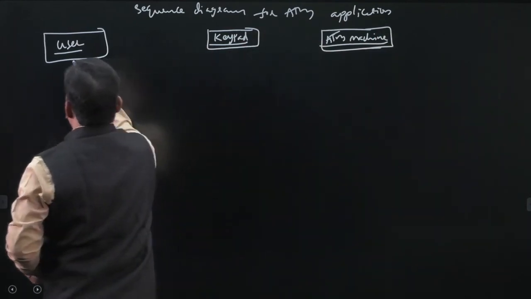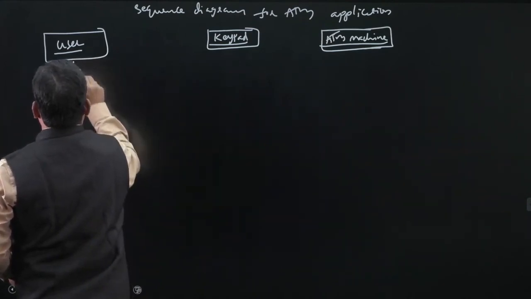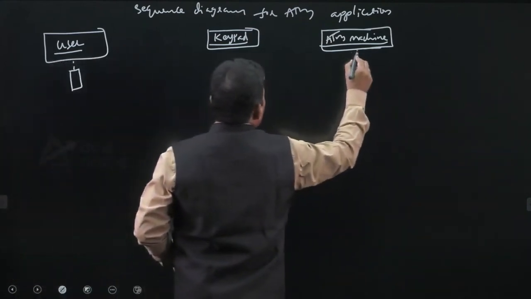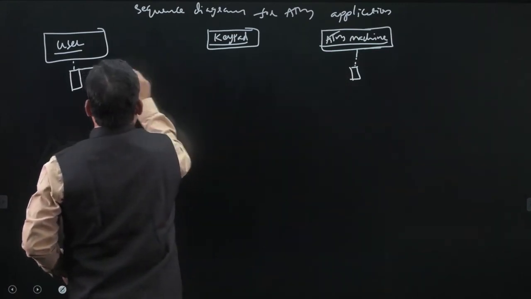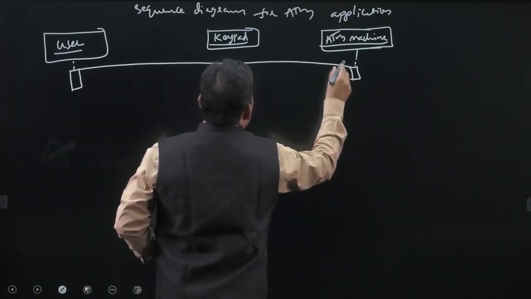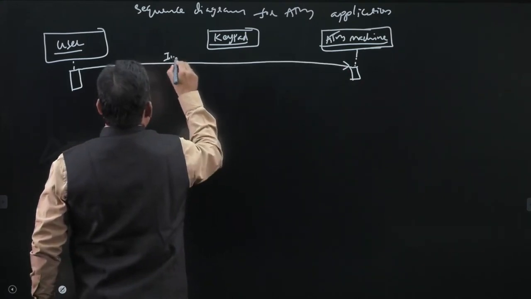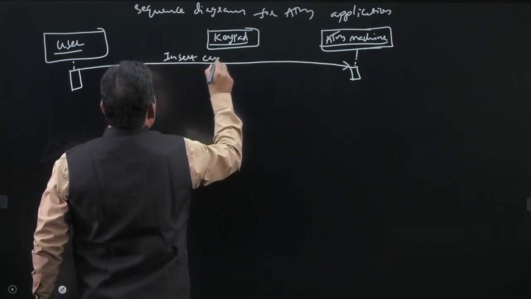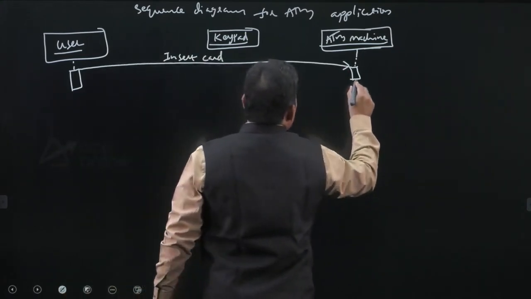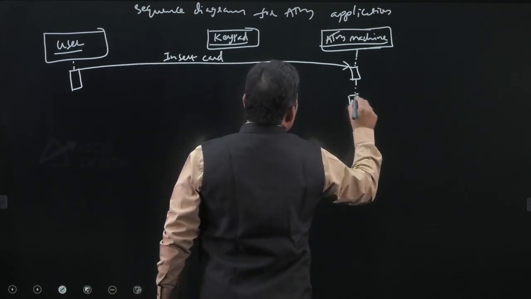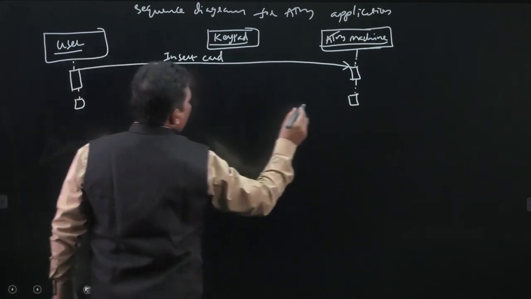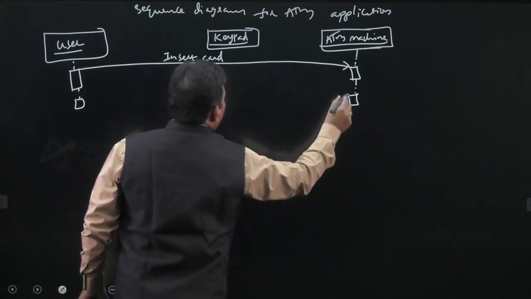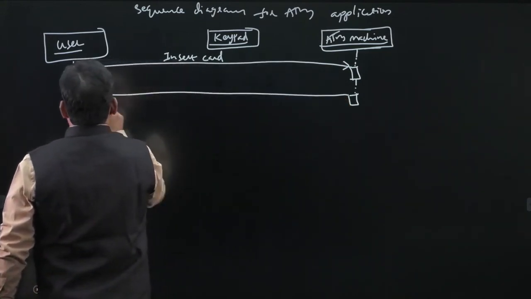What will the user initially do? Initially the user inserts the ATM card. The user reaches the ATM machine and inserts the card into it. Once the card is inserted, if it is a valid card, the ATM machine will ask the user to enter the PIN number.